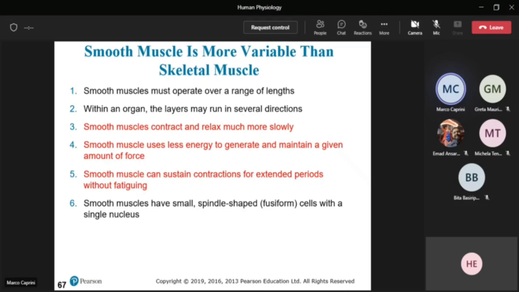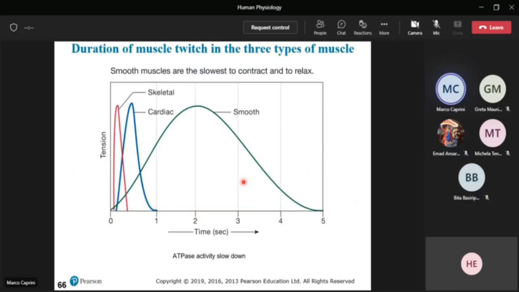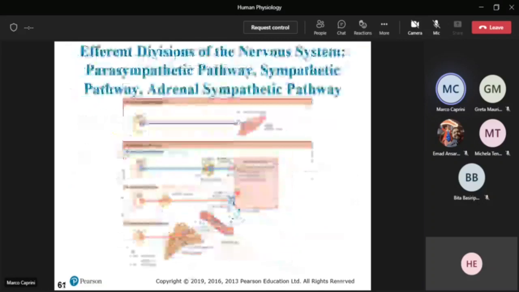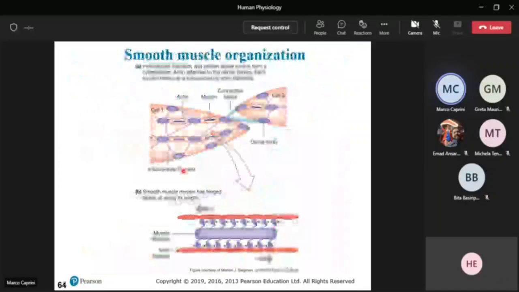Okay, so we already have discussed points 3, 4, and 5, in the red color. Point 6 we have already discussed, but just remember, if you remember the slide, I will show you. Okay, or this one. Okay, this one.